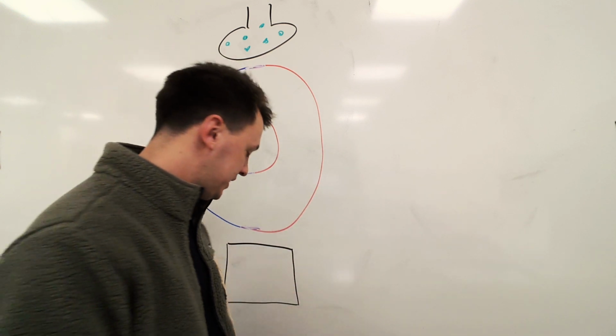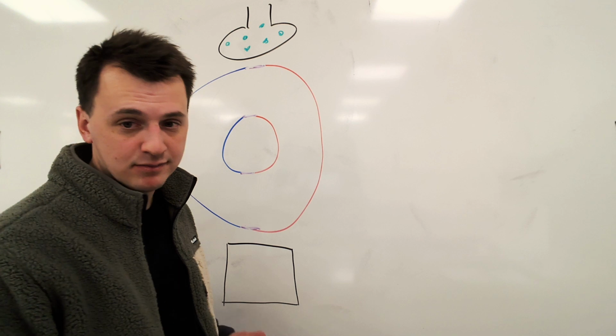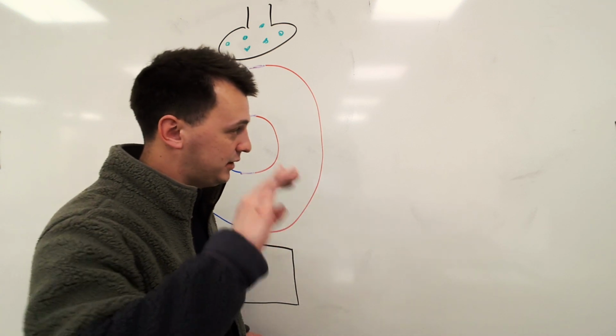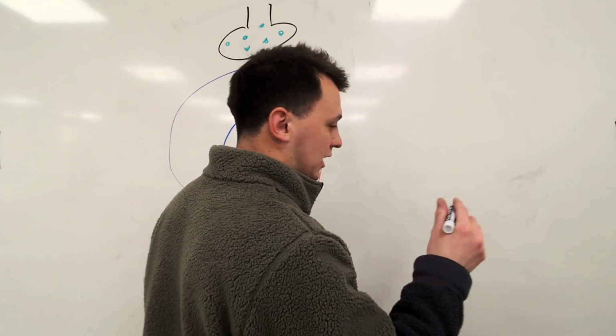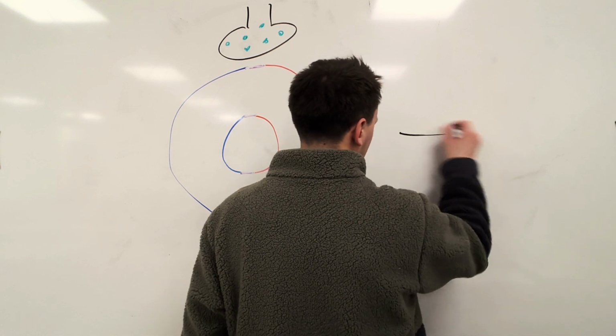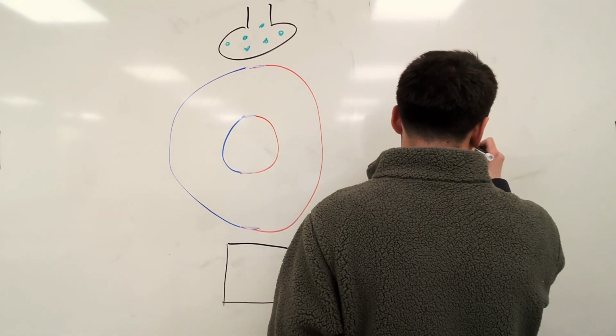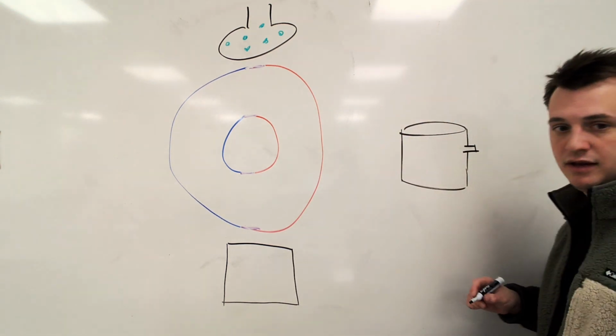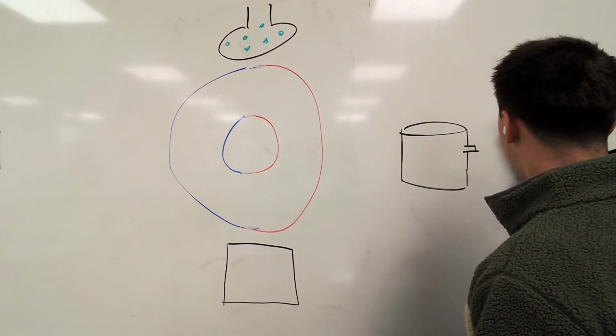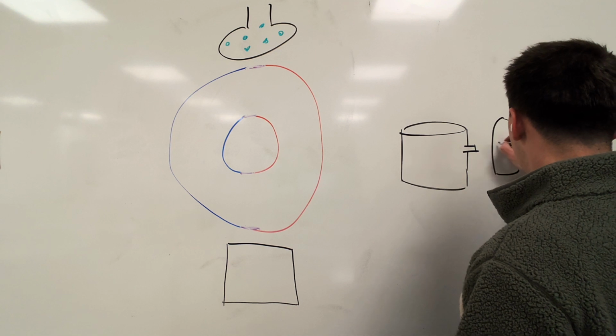I know. So let me explain some physics. I know this isn't a physics channel, but I'm going to explain some physics so you could help understand what's going on. So if we have a beaker or a cup or whatever, and then we attach this beaker to another tank of oxygen.